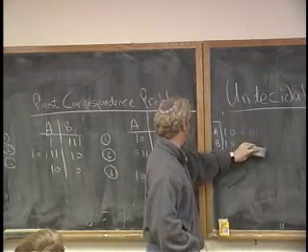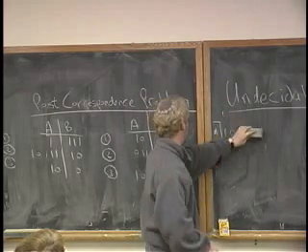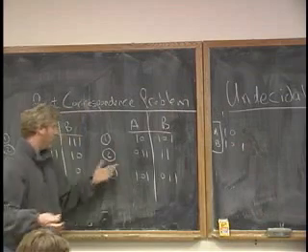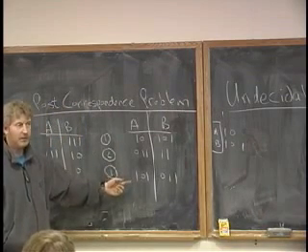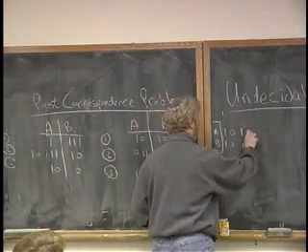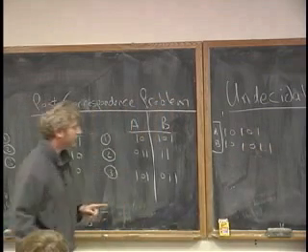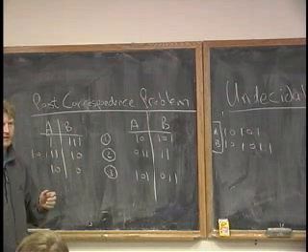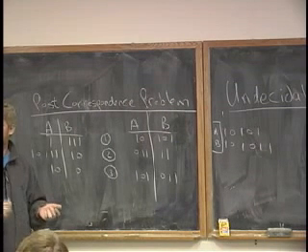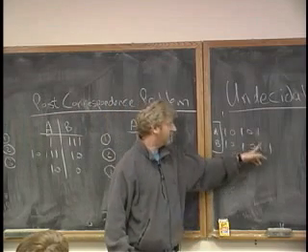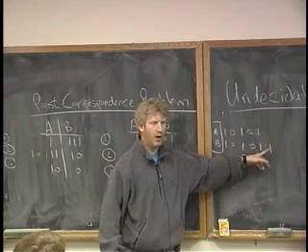So maybe we continue with the 3. Let's try. So this becomes 1, 0, 1, and this becomes 0, 1, 1. That looks very similar to what we had just about 10 seconds ago. We had a string that was exactly identical, but this one had an extra 1.